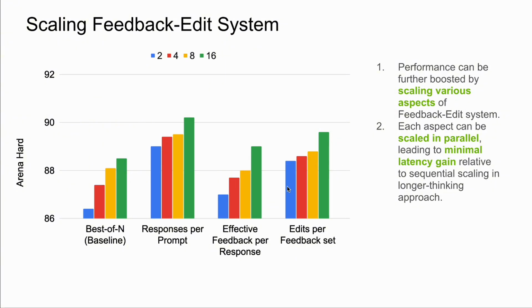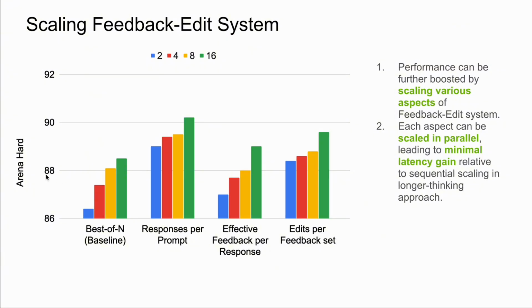And what I think is the most interesting is that we were able to scale each of these in parallel. So basically you have maybe up to 16 parallel improvement cycles, and all this can be done in parallel.